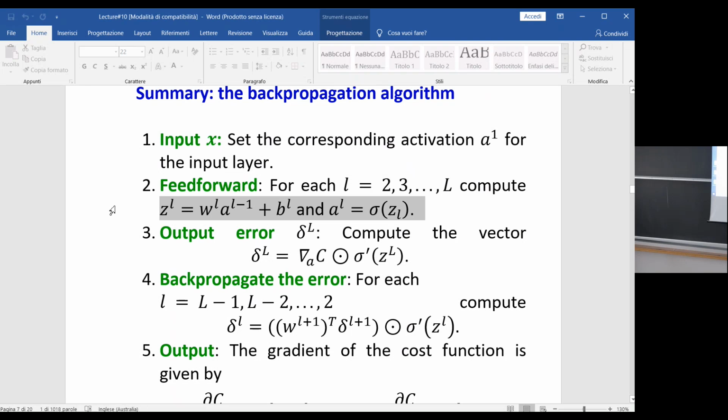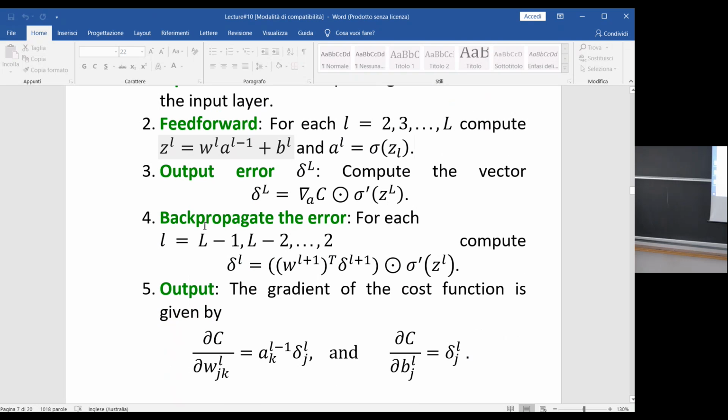Compute the weighted sum shifted by the corresponding bias in the layer, z^L, and compute the activation parameter a^L. It is the activation function sigma at the point z^L, this weighted sum plus the shift.